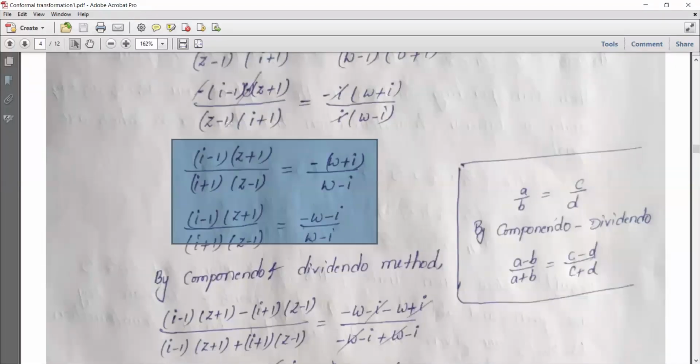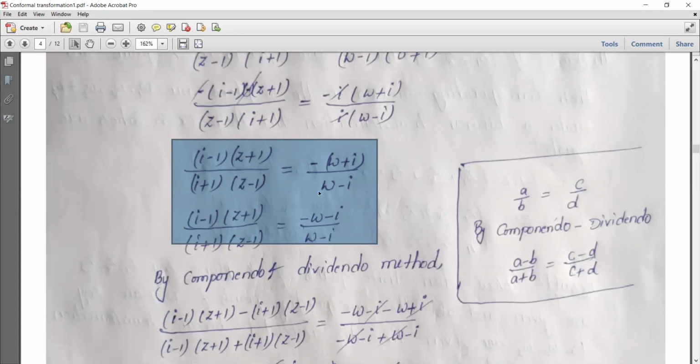Here I simply interchanged, that is equal to minus of (W plus I) by (W minus I). I rewrote the same step in the denominator by multiplying the RHS numerator with a minus sign. That's it. So (I minus 1)(Z plus 1) by (I plus 1)(Z minus 1) is equal to minus (W plus I) by (W minus I). See, this is the ratio after substituting and simplifying.